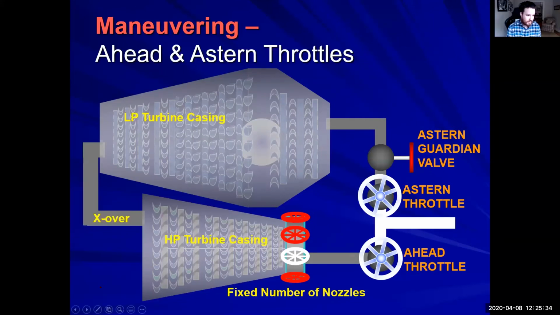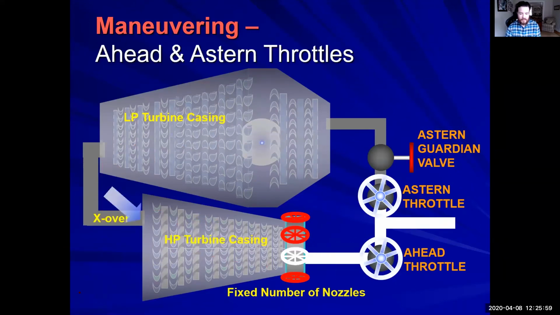So like I said, if you open up your head throttle, you're going to be getting steam going through from your boiler, through your nozzles, through your high pressure turbine casing, through your crossover, through your low pressure turbine casing, and down into your condenser. All right.